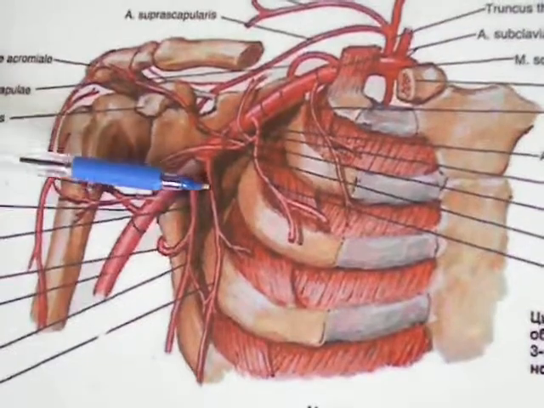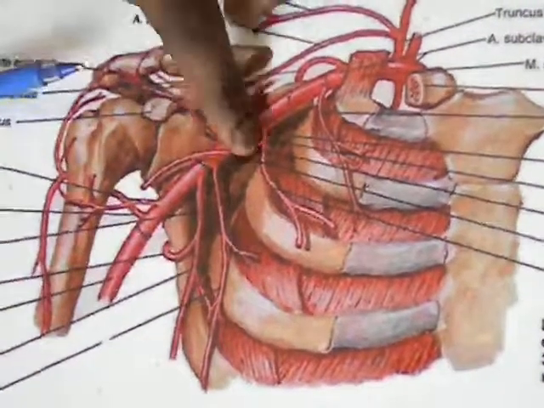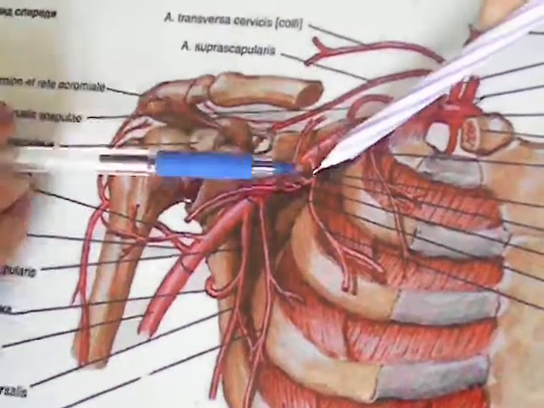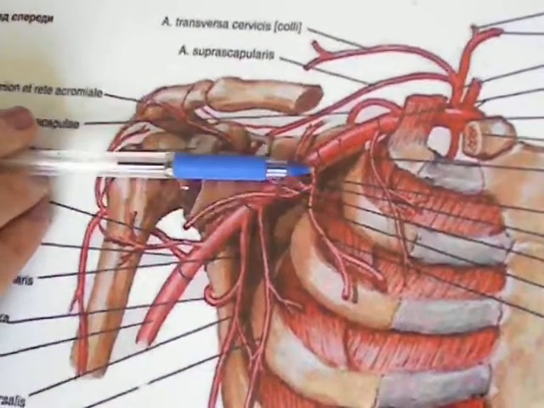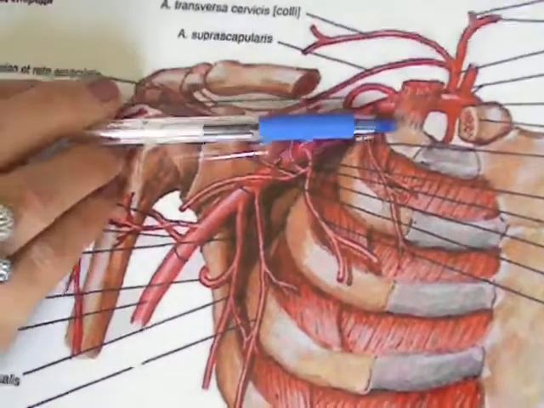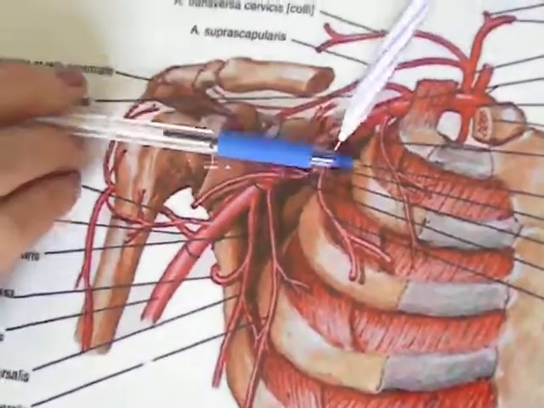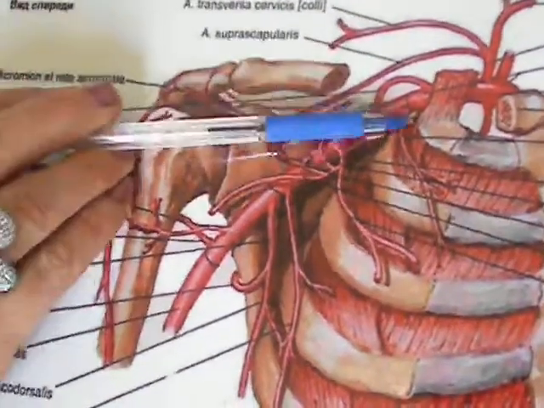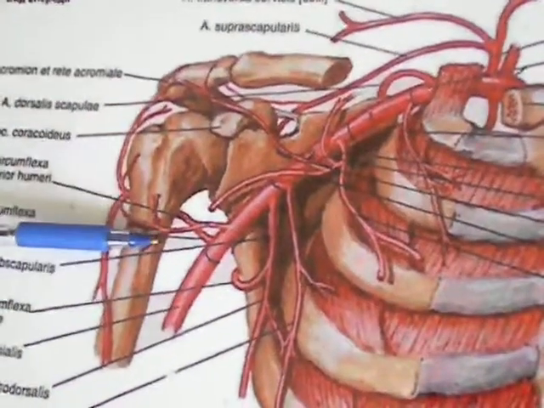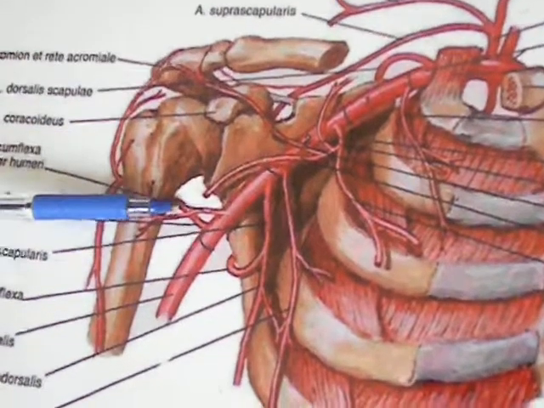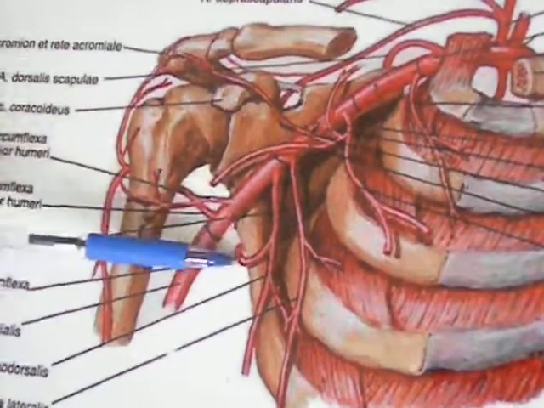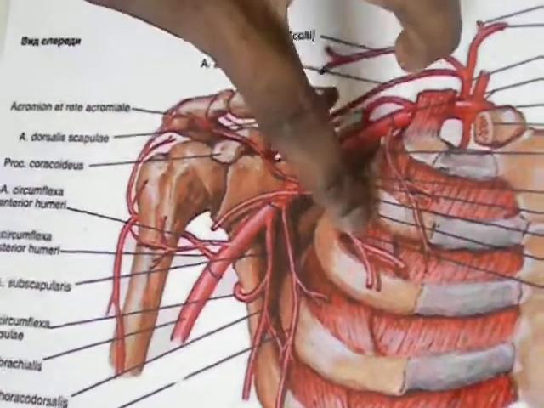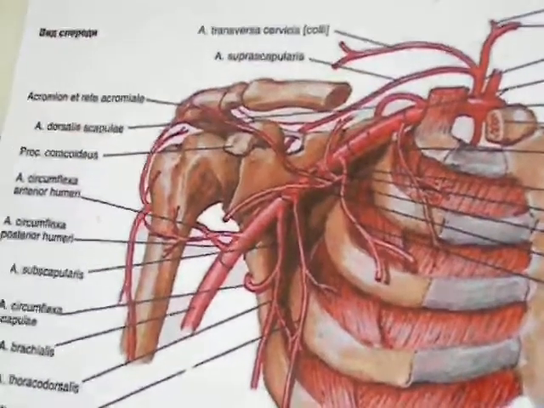Superior thoracic here, thoracoacromial here. In the subpectoral triangle: here anterior circumflex humeral, here posterior, here subscapular, and two branches. Next, axillary, branches to muscles.